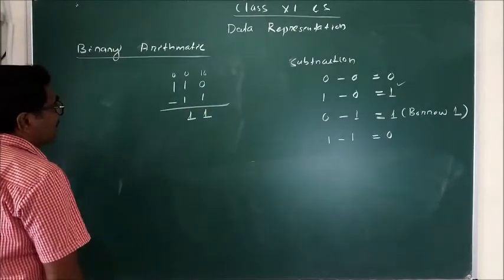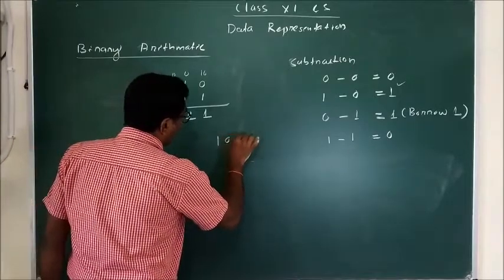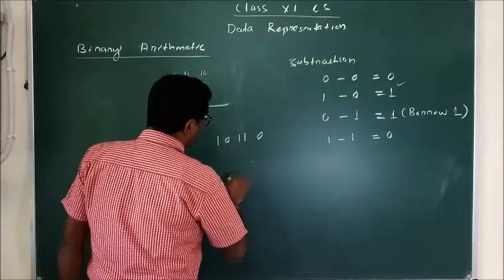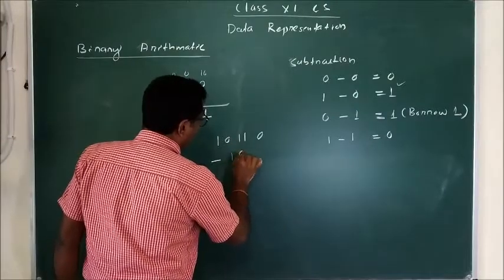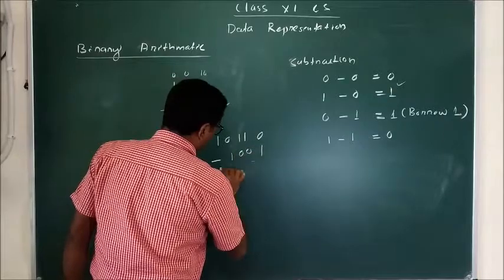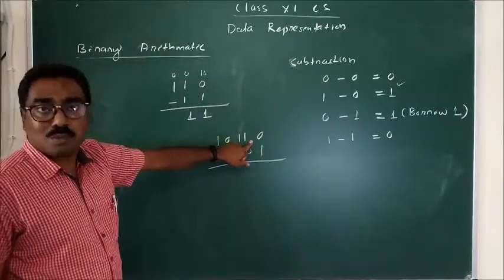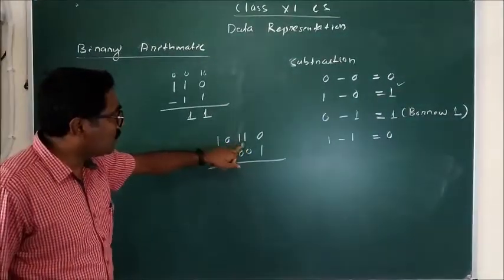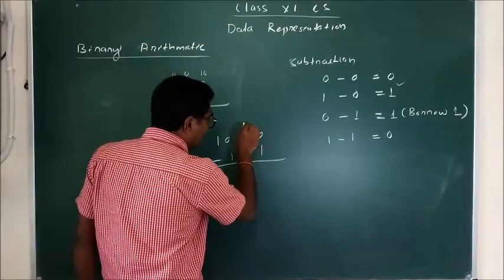Or suppose in example 2 I am doing 1 0 1 1 0 minus 1 0 0 1. Now what happens? 0 minus 1 is not possible, so we have to take 1 over here. Suppose I am taking 1, then this itself becomes 0.